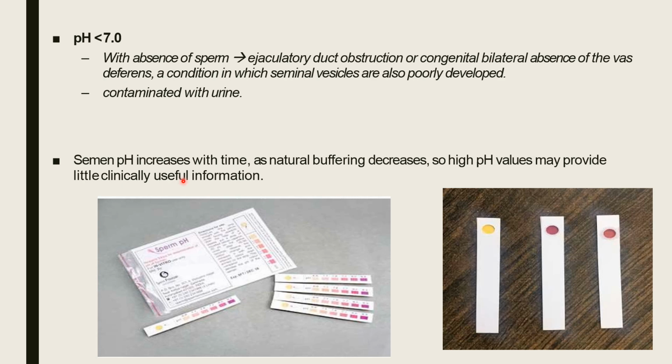And if the semen pH is highly basic, then it would give little information, because it is the normal function of the semen to become basic after a certain time period, because carbon dioxide releases out of the semen and it becomes more basic.